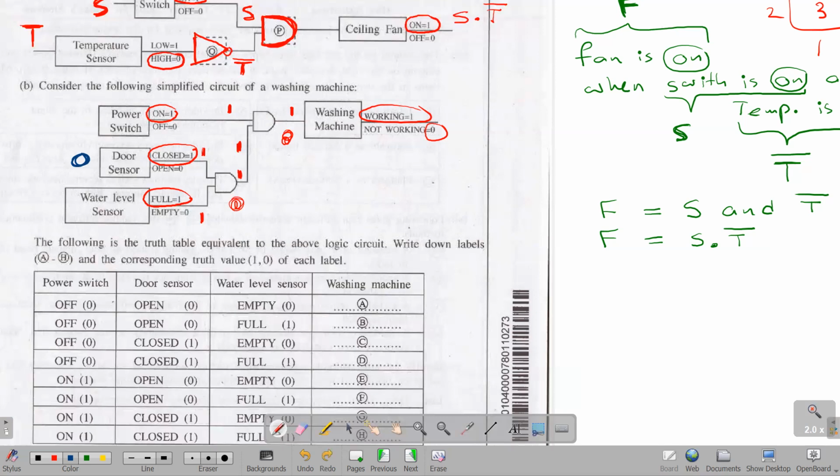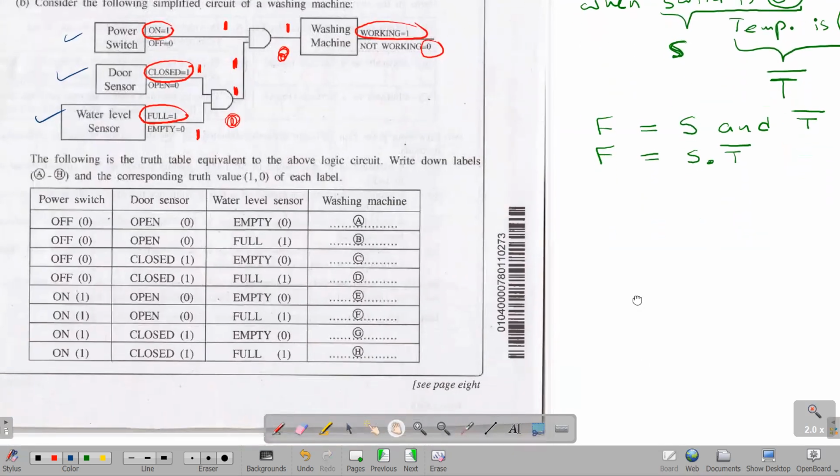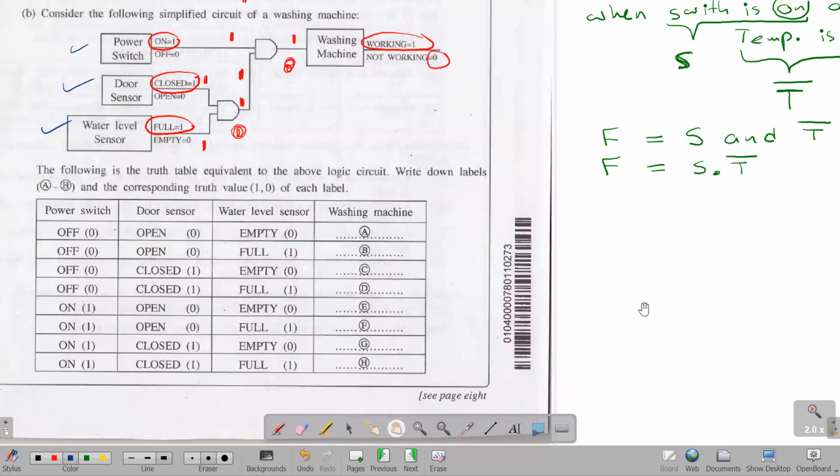Right? So all these 3 sensors must provide 1 as the signal for the washing machine to work. So with that, it's easy to fill up the truth table. Only these three situations will give you a 1.